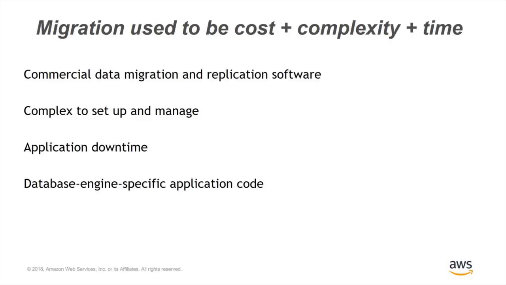Coming to the actual data migration, we know that it's very cost intensive, very complex, and very time consuming as well. The reason for this is that we need to analyze the existing data sets and spend time on the compatibility of my current on-premise database with the cloud database that I will be moving to.